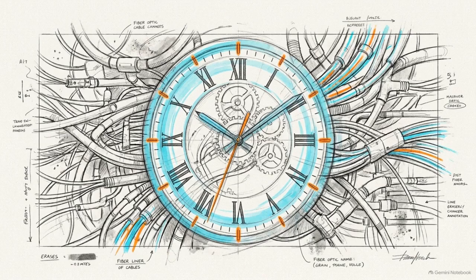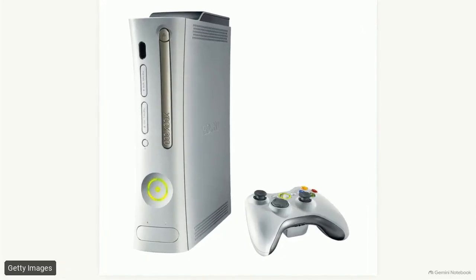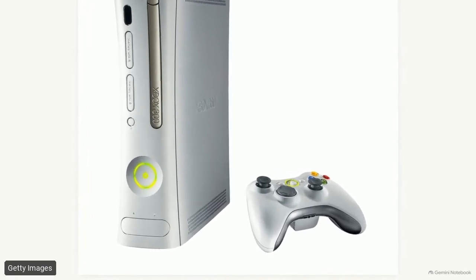Even at the highest layer, operating systems and web applications, the physical reality of time itself becomes an observable vulnerability. This is documented as CWE-208, Observable Timing Discrepancy. It demonstrates how simple comparison functions unwittingly broadcast secure information to anyone watching the clock. We can see the foundation of this flaw in the hardware boot sequence of the Xbox 360.